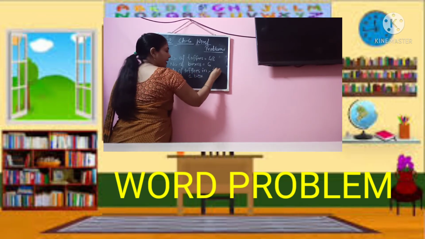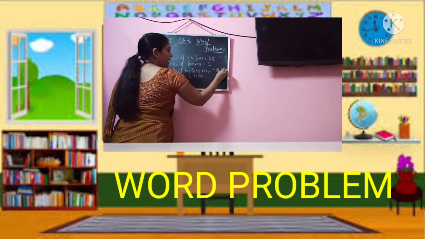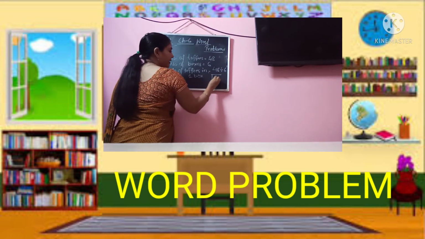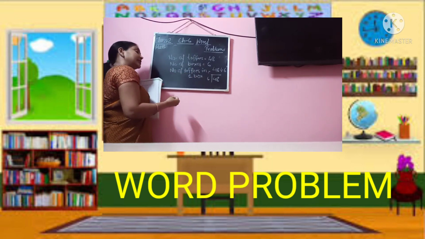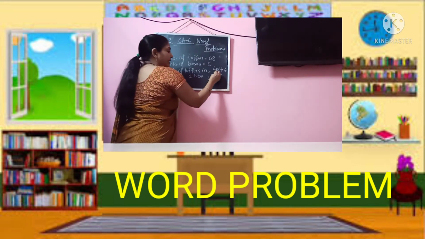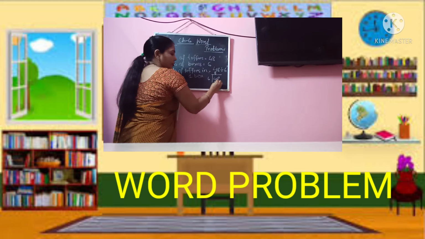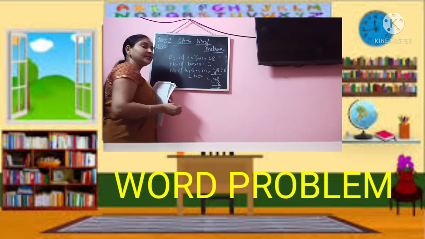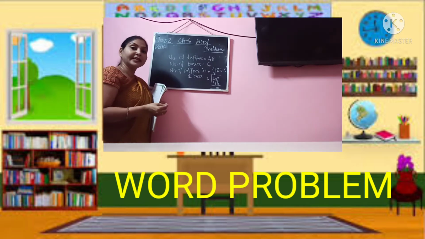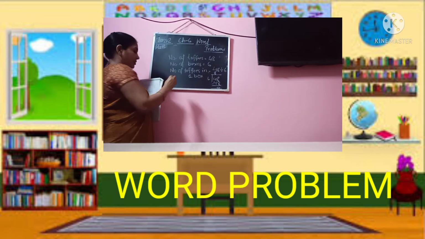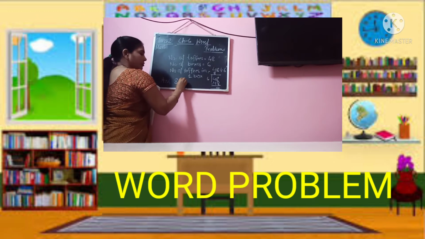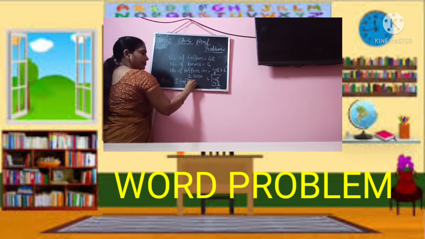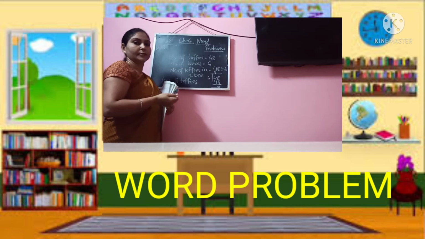So 48 divided by 6. Now divide 48 by 6. In 6's table 48 comes at 8 times. So just subtract. That means how many toffees are there in one box? 8 toffees. So in answer you write 8 toffees. Okay.